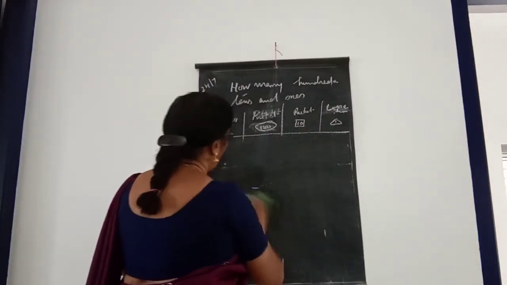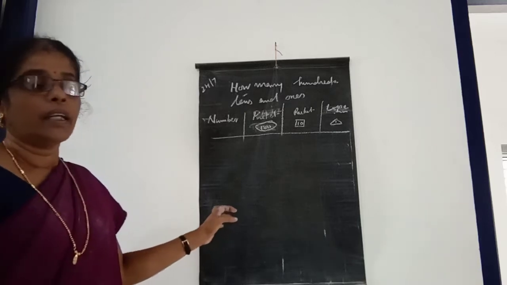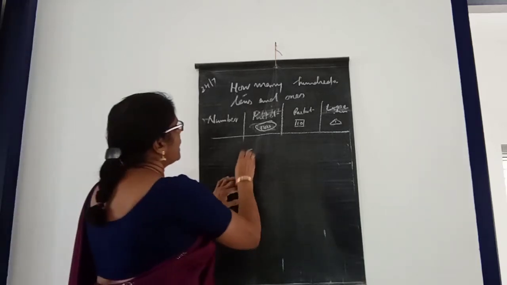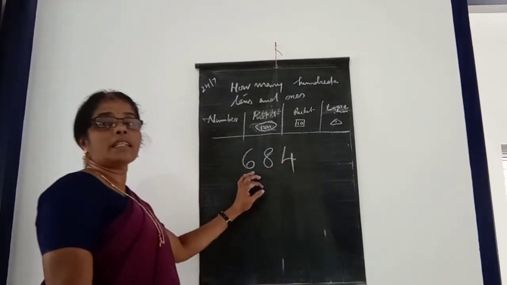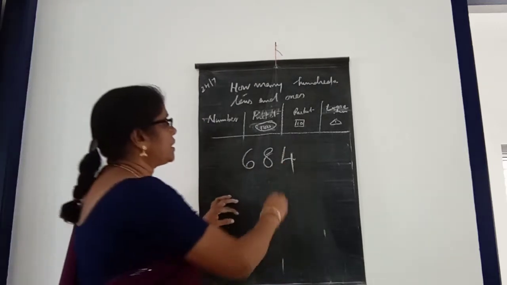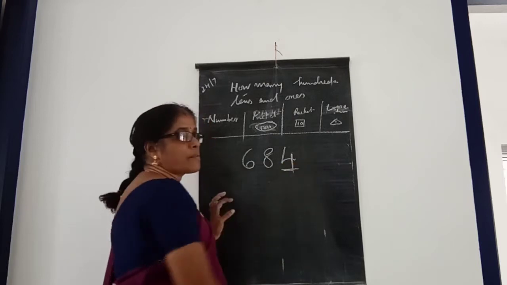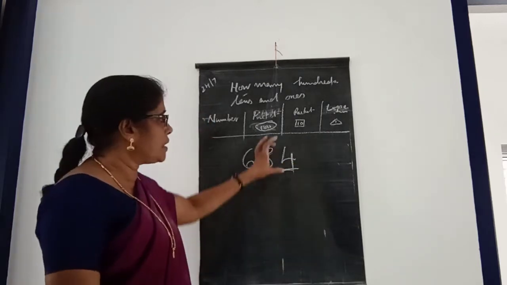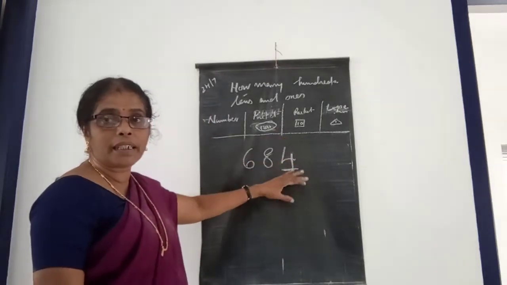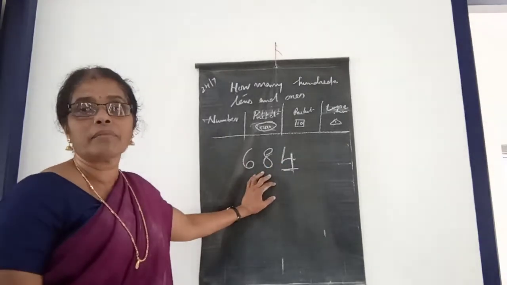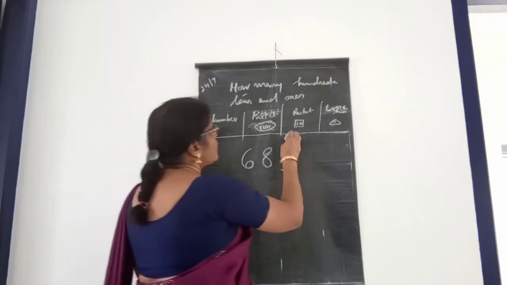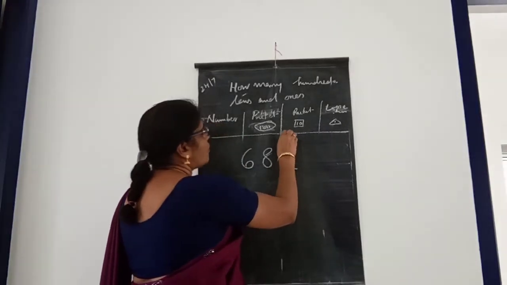The next, another one. Look here. 684. This one is the ones place, the loose items. The second place is tens. Loose items we call ones, O-N-E-S.